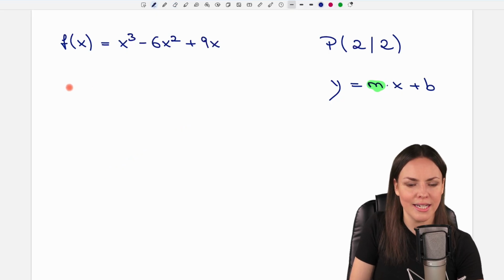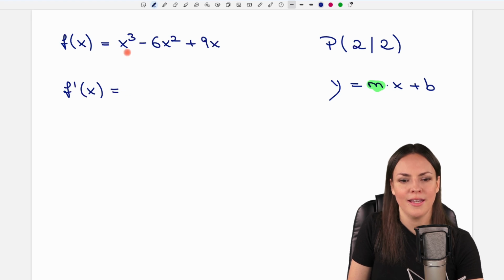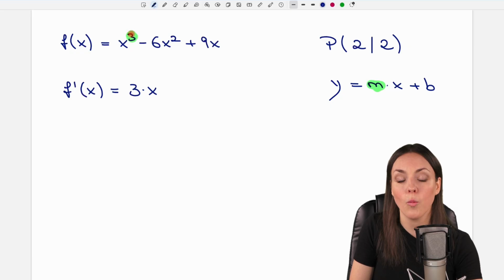So let's find f prime of x. We start here with the first part. The rule is that we take the exponent in front of our x here, so 3 times x, and then we decrease the exponent by 1. Instead of a 3, we write a 2. The same rule here. We take our exponent and multiply it by the number in front.